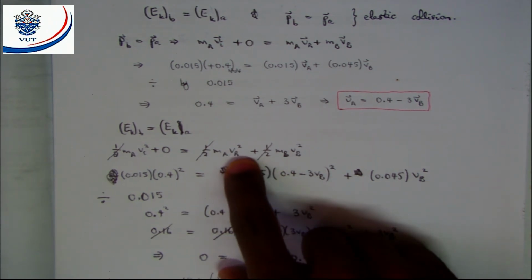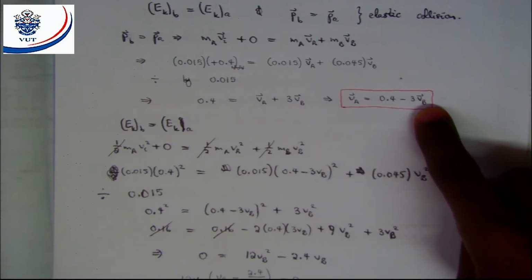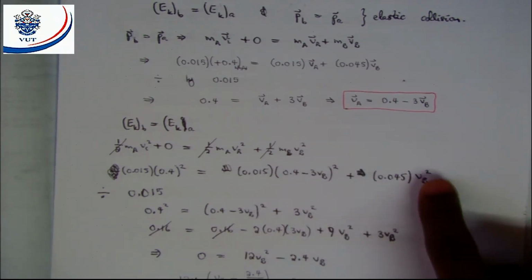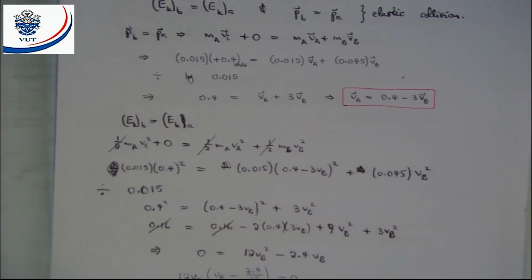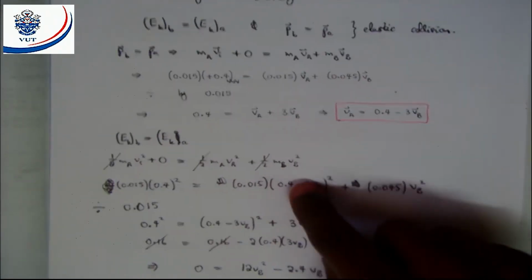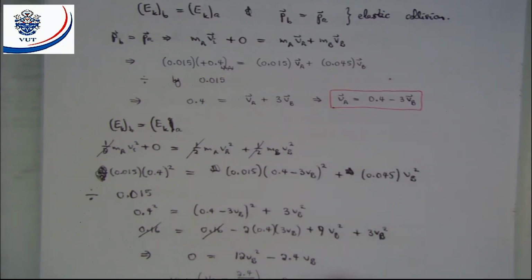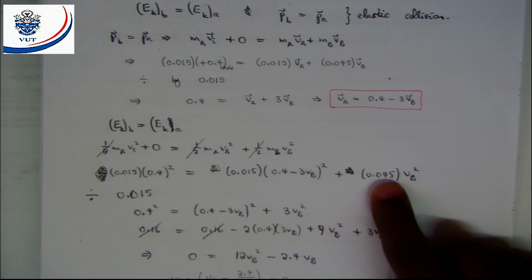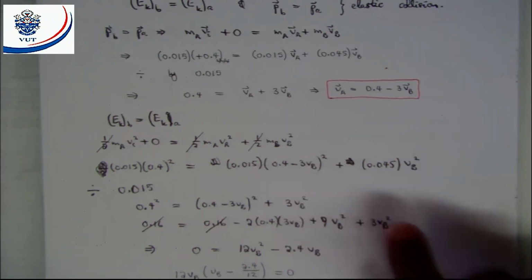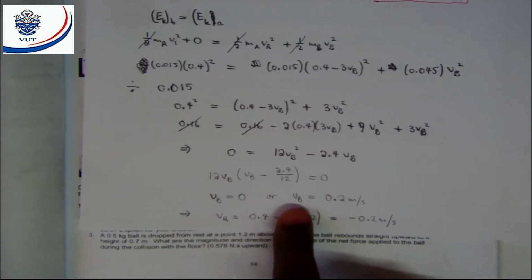Remember that VA we've just found from conservation of momentum in terms of VB, so we solve them simultaneously, substituting for VA so that you only have one unknown. Substituting 0.4 minus 3 VB, this is a scalar, we are talking about speed, so you lose the arrows. You square that, plus 0.045 times VB squared, and just manipulating these, you will find that the final answer for VB is 0 or 0.2.